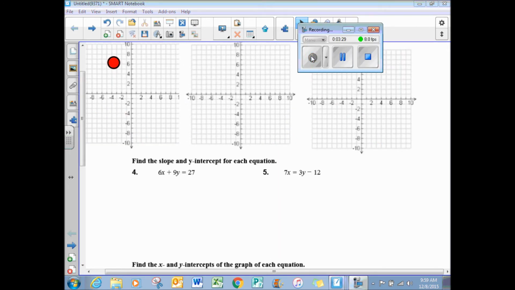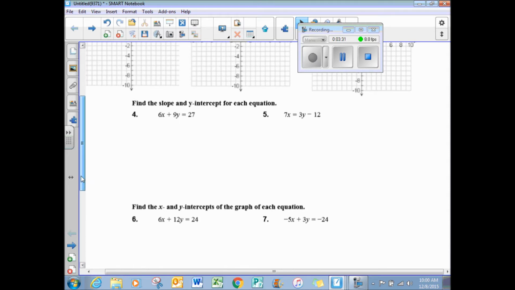Yes, we shall. Now on 4 and 5, we actually need to find the slope and y-intercept. So I want to put it in slope-intercept form because then I can extract the slope and y-intercept. So on this first one, I could subtract 6x from both sides. And I get 9y equals negative 6x plus 27.